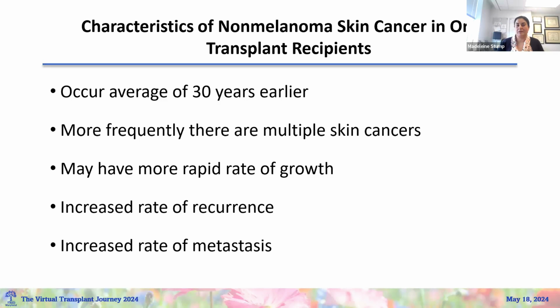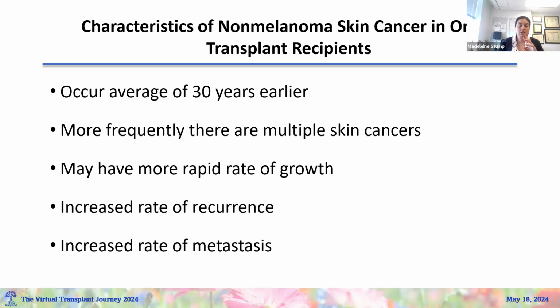But solid organ transplant recipients will develop those skin cancers 30 years earlier. These patients more frequently have multiple skin cancers, not just one. And unfortunately, those skin cancers are characterized by a more rapid rate of growth and an increased rate of recurrence, meaning that once you have treated it, let's say you had a squamous cell carcinoma on your arm and underwent an excision and it was completely clear, the chance of you having a recurrence at that same spot is much higher compared to an immunocompetent patient or a patient who is not on immunosuppressive medications.